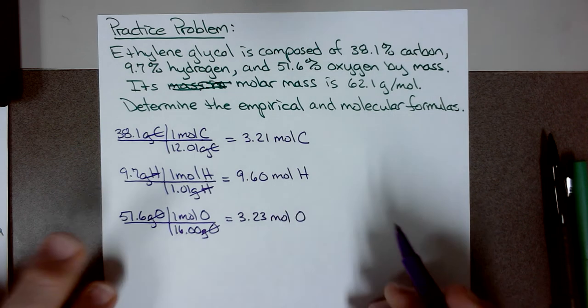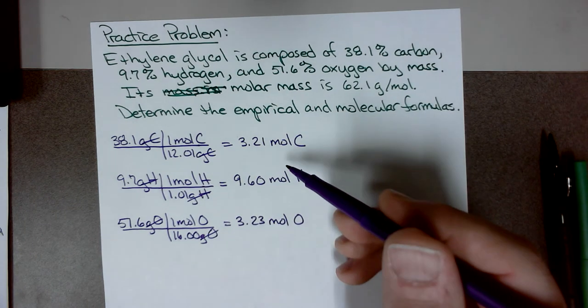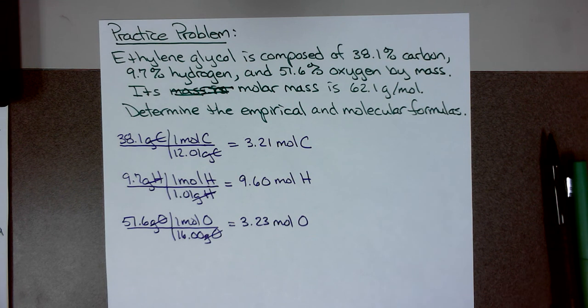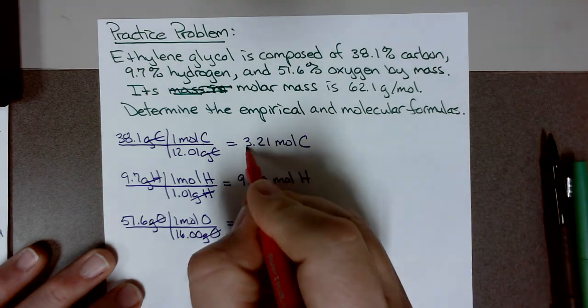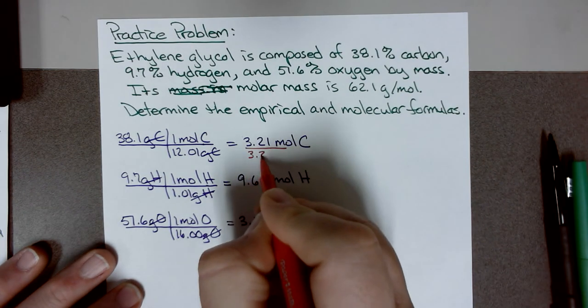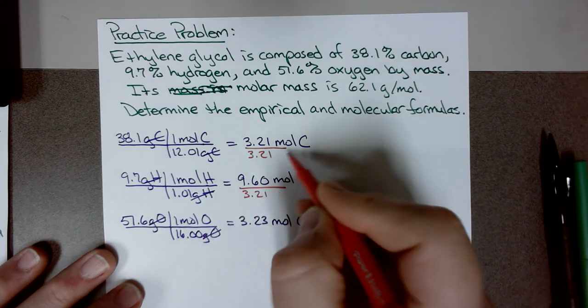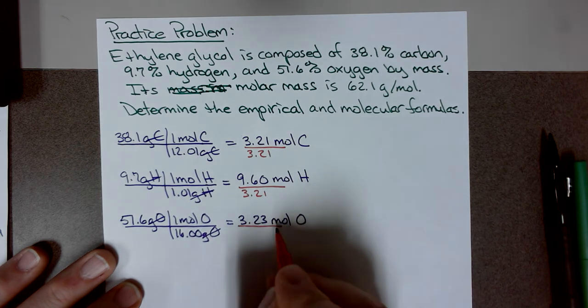Okay, so I'm going to divide by the smallest. These are ratios of moles, but they're not whole numbers. So I've got to get those ratios to whole numbers, and in this case what I need to do is divide by the smallest value, which is 3.21. I'm also dividing by moles to get rid of moles, but I'm not showing that.